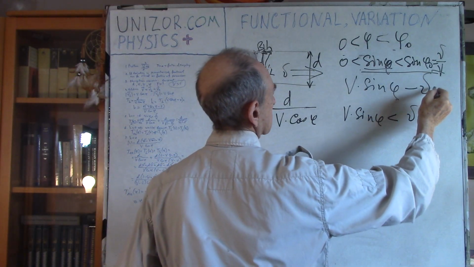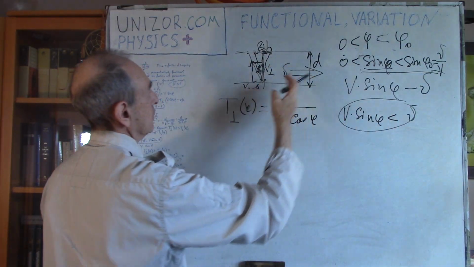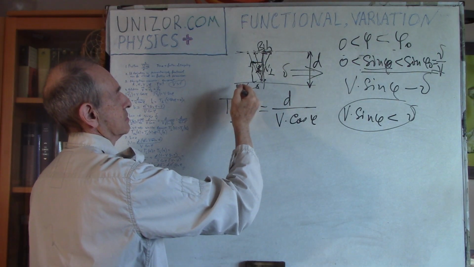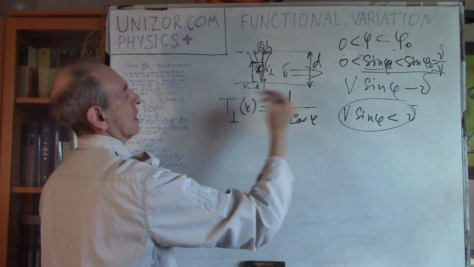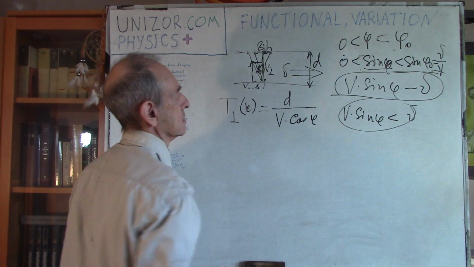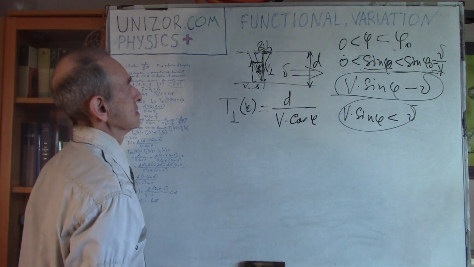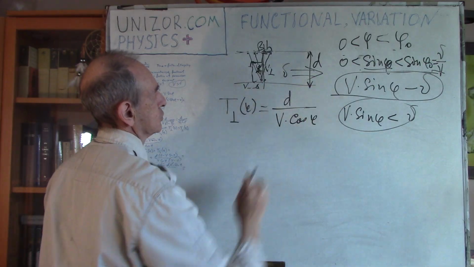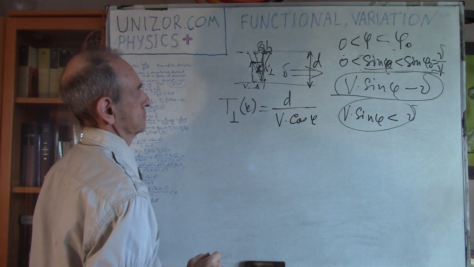So this should be negative. We have decided that to the left we have positive phi and positive h. Now this is negative h. So this is the negative distance by which we will move to the right.